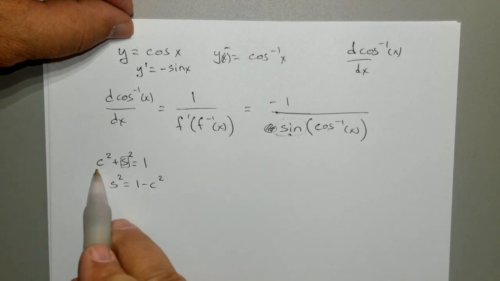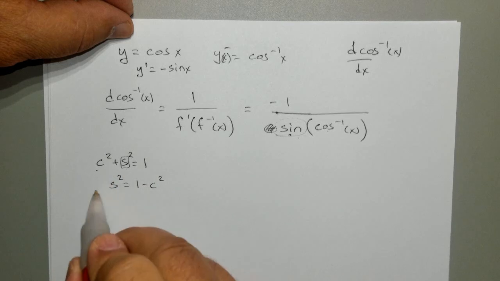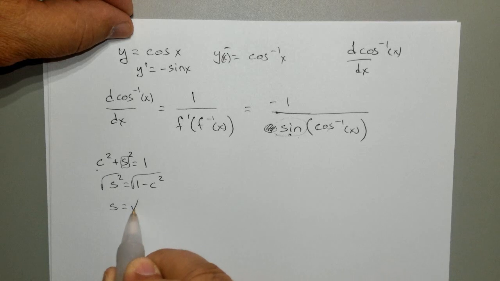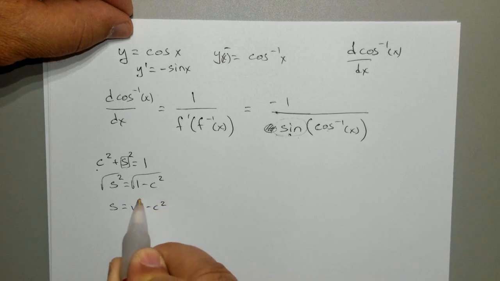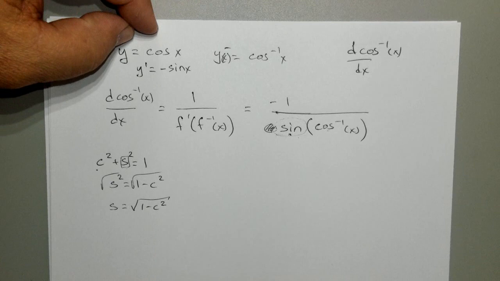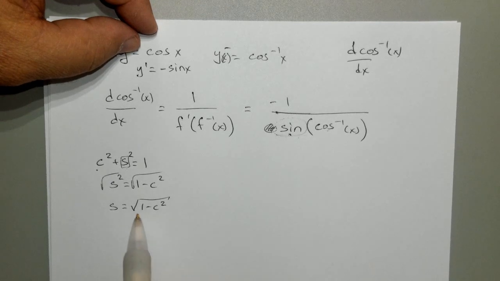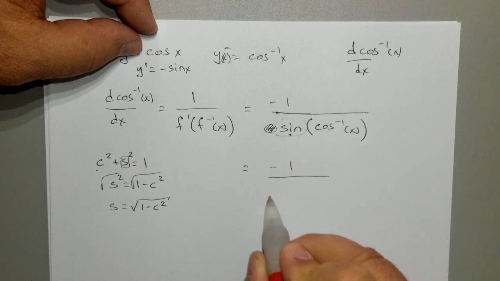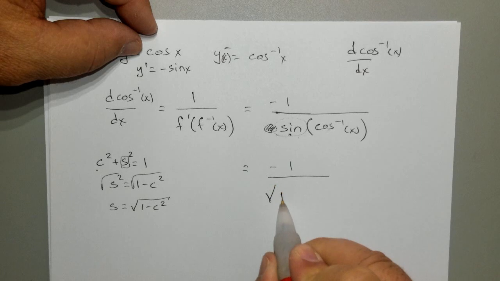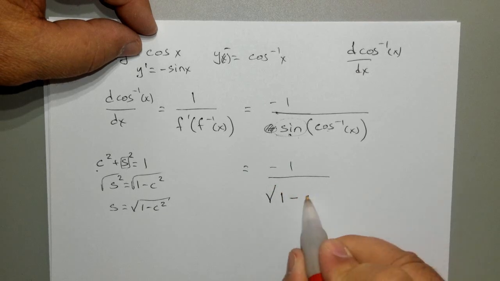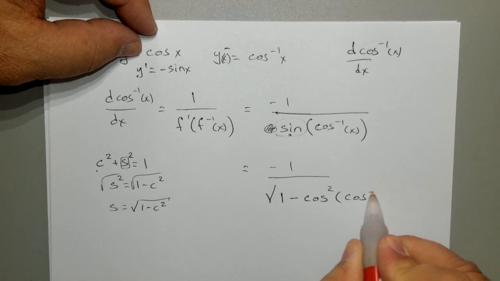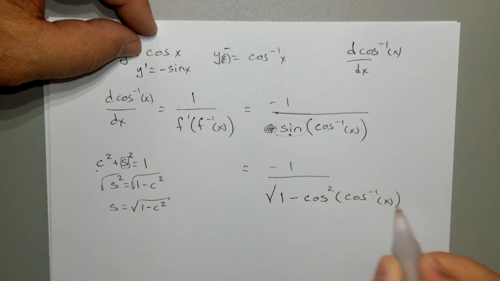So subtract cosine squared from both sides. Take the square root of both sides. So sine equals the radical of 1 minus cosine squared of the operation, cosine inverse of x.